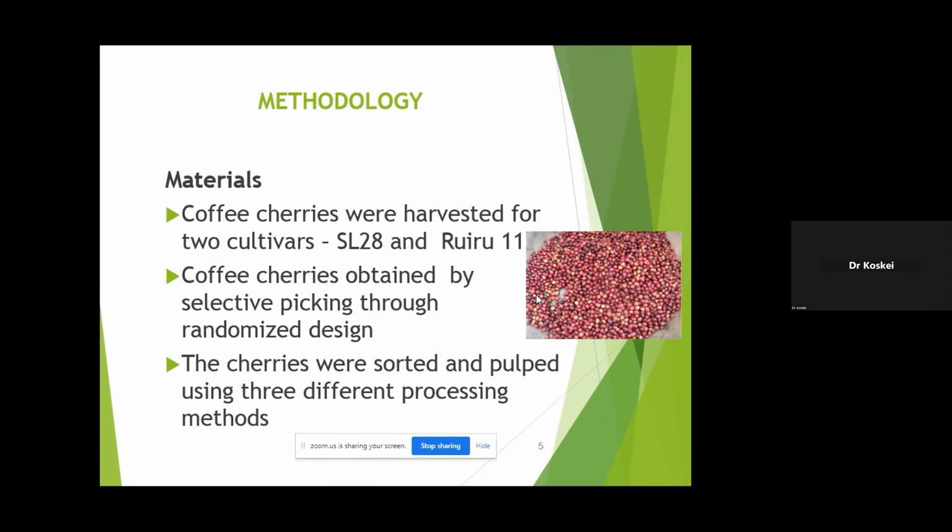and for the methodology, the materials, which were the coffee cherries, were harvested for the two cultivars, obtained through selective picking in a completely randomized design. The cherries were sorted and pulped using different processing methods.